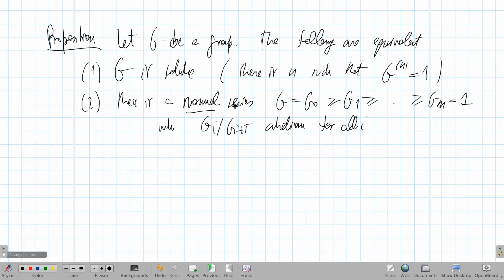Normal series means that Gi is normal in G for all i, so all these terms are normal.